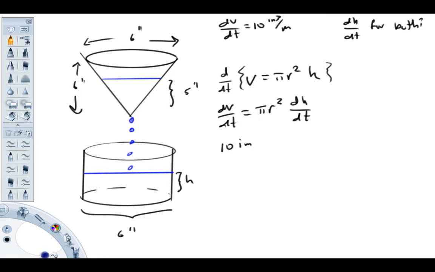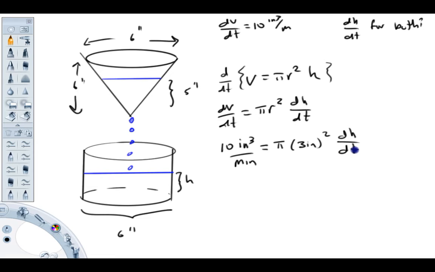As far as this geometry is concerned, that is a positive dV/dt because the volume of the coffee in the cylindrical part of the tank is increasing. So 10 cubic inches per minute equals pi times the radius, 3 inches, squared, times dh/dt.